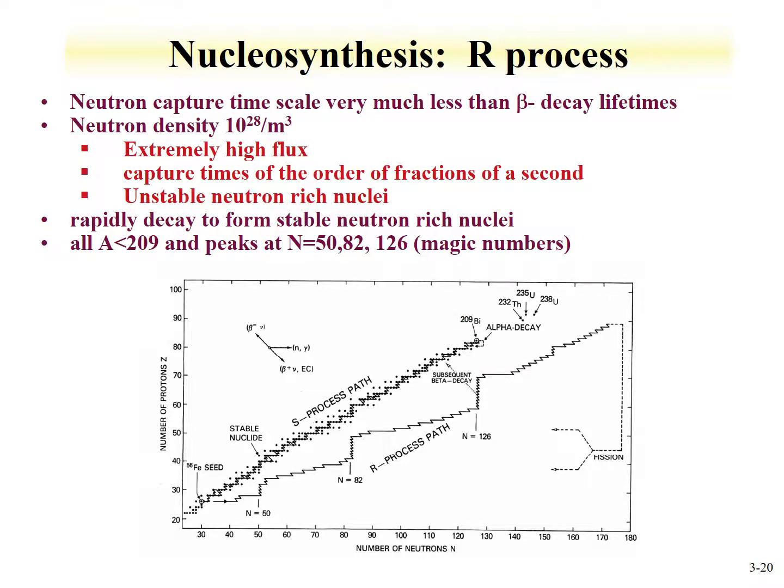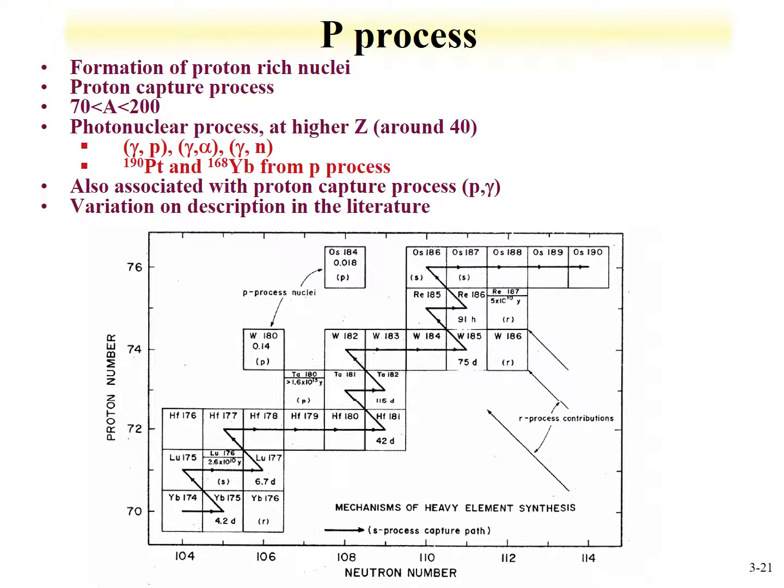This high neutron flux occurs during nova processes in stars. The formation of proton-rich nuclei or neutron-deficient nuclei occurs through the P process, where we have a proton capture process, or we can have photonuclear processes at high Z, let's say of around 40. These photonuclear processes, as we discussed earlier, can result in emission of protons, alphas, or neutrons.